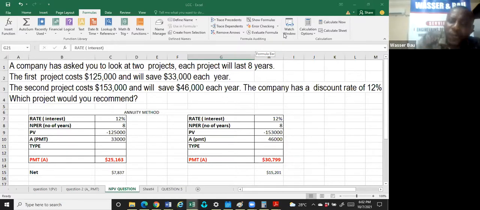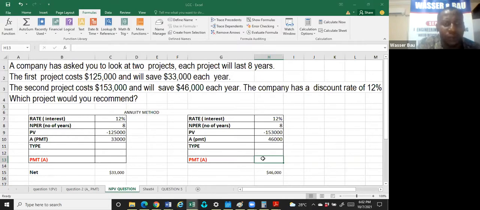So now this project is going to save you 33,000 naira per year. How much will it cost you per year? Remove all the reds. How much will it cost you per year? This is how you spread payments. Instead of paying one bulk payment of 125,000, how much can you be paying every year?